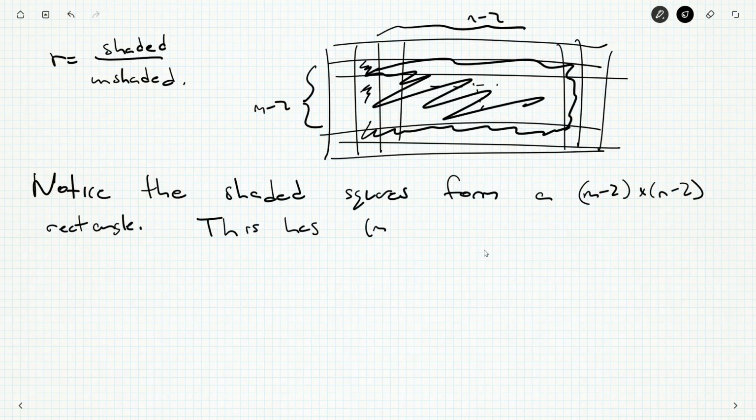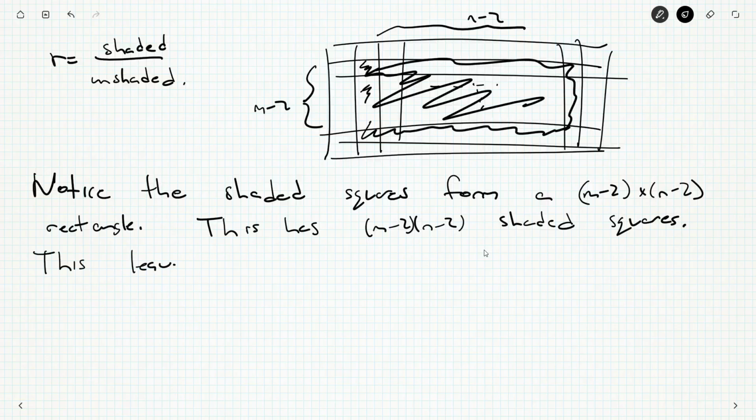So this has a total of m minus 2 times n minus 2 shaded squares. And what does this do? This leaves, there's a total of mn squares minus m minus 2, n minus 2 unshaded squares.